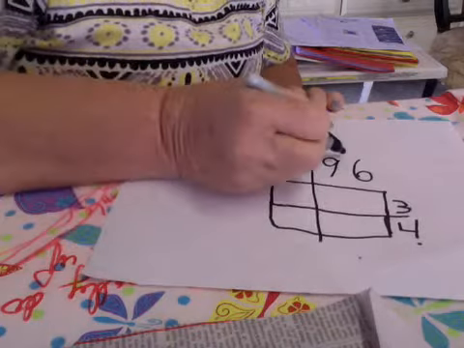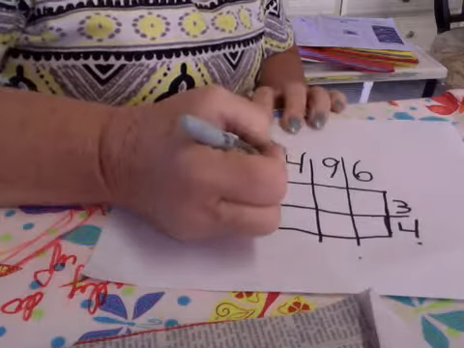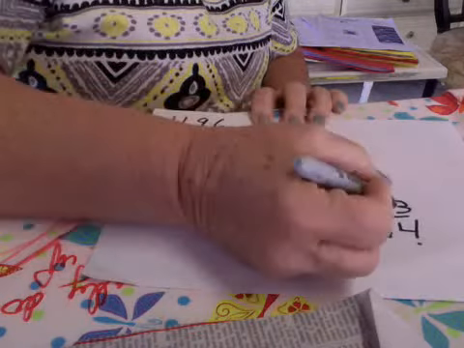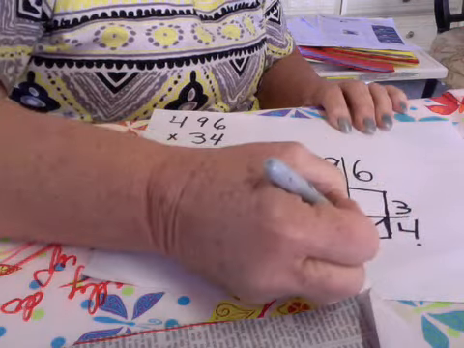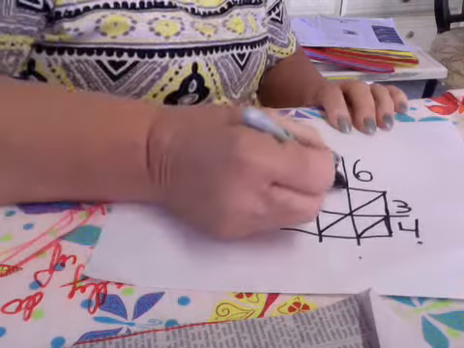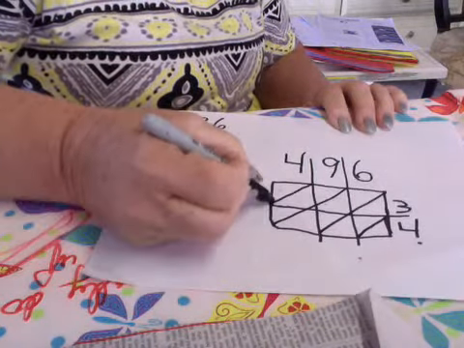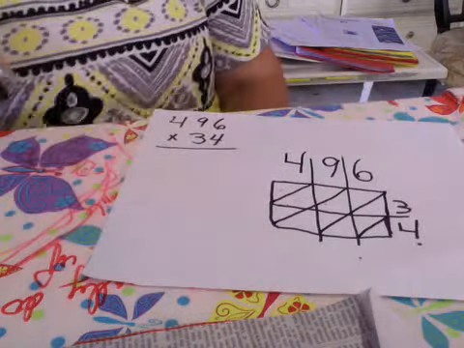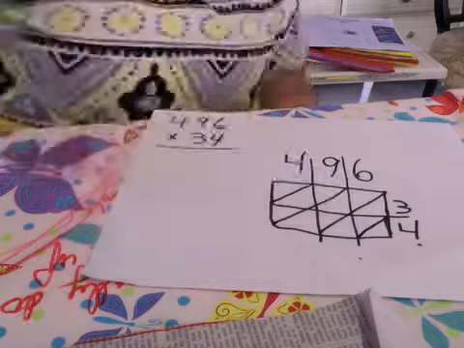We're still going to separate our ones, tens, hundreds. And then we have to be careful, this is the tricky one. Start here and then go here, here, here. Okay, so that we're cutting each of those squares into halves.